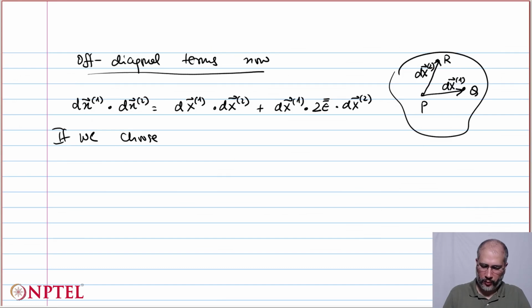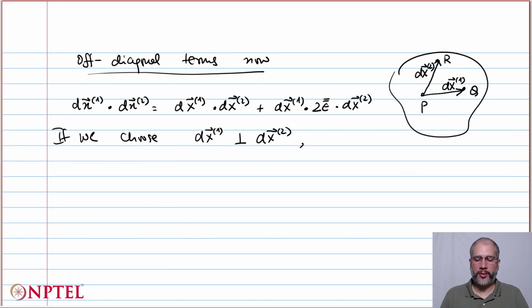Now for our analysis, we choose d capital X1 perpendicular to d capital X2. Now this is our choice, and this is done for the sake of understanding of the off-diagonal terms of epsilon, as we'll see.